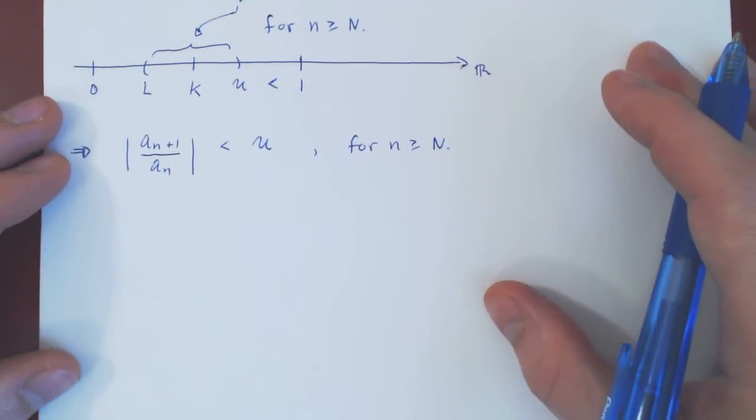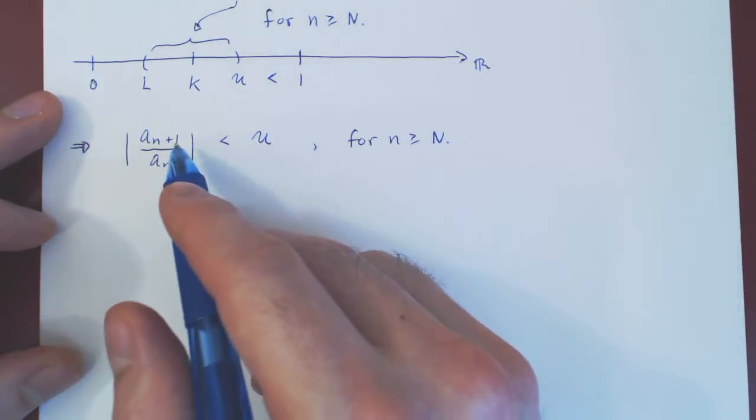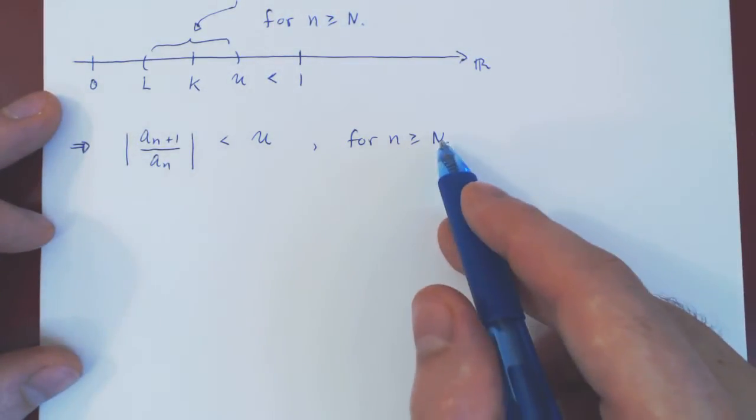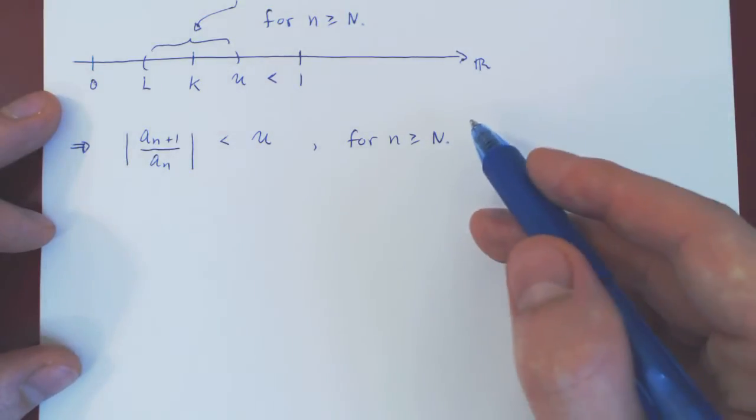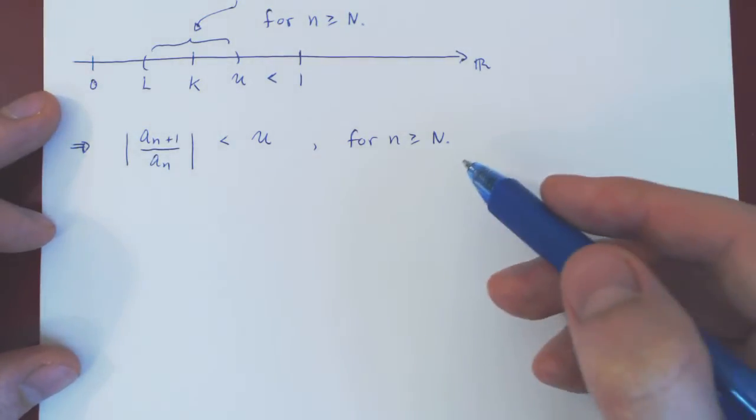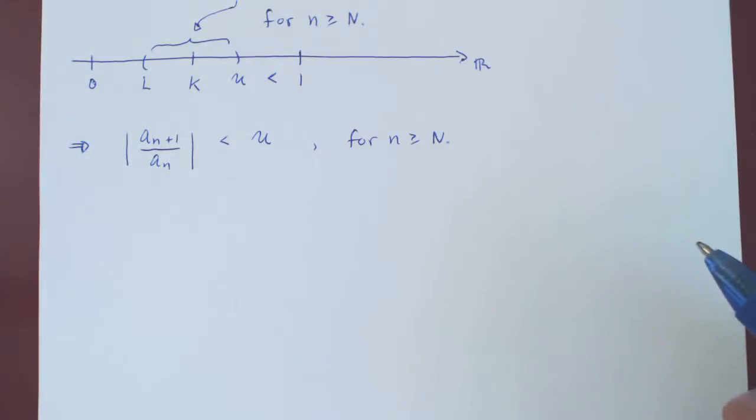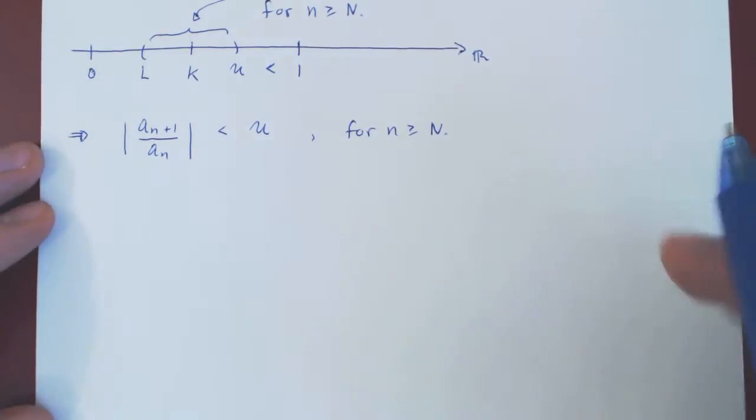And now, let's consider the inequality when n is uppercase N, then uppercase N plus 1, and uppercase N plus 2, and then hopefully we'll see an interesting pattern emerging.